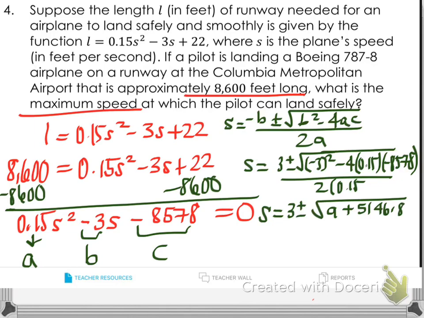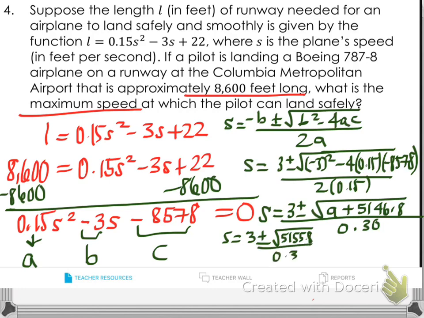And then that's going to be divided by 2 times 1/500, which is 3/10. Alright, so in this case, we end up with s is equal to 3 plus or minus the square root of, when we add 9 to this value, we end up with 5,155.8, divided by 3/10.